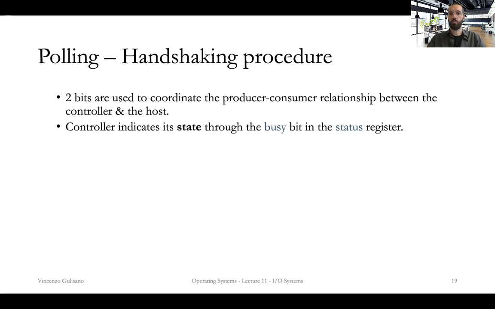So we can use the busy bit in the status register of the controller. The controller uses this bit to indicate its current state to the host, right? Basically to say whether it's already performing some operation or if it's free and it can then be used by the host.